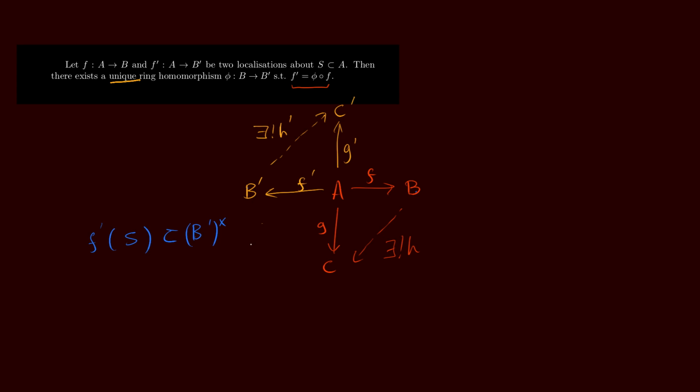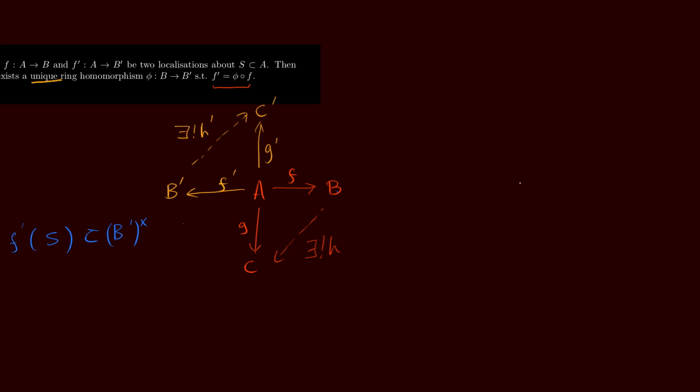So in some way we're kind of collapsing this diagram. If we draw the new diagram where we choose G to be F prime, what we have is this localization B and another localization F prime.